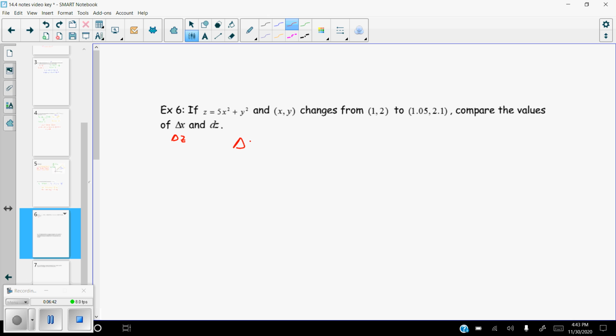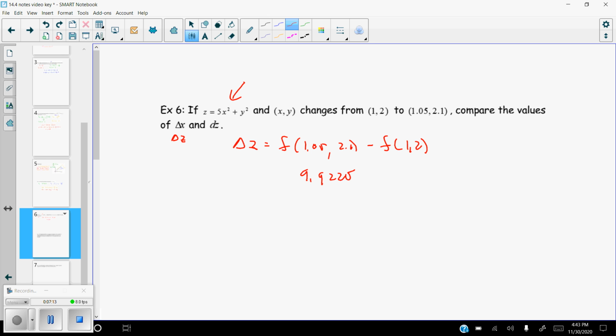So delta z is going to be f of (1.05, 2.1) minus f of (1, 2). Of course, I don't expect you to do this without a calculator, so you're going to plug 1.05 and 2.1 into your original function, and that works out to be 9.9225, I think, if I got that.